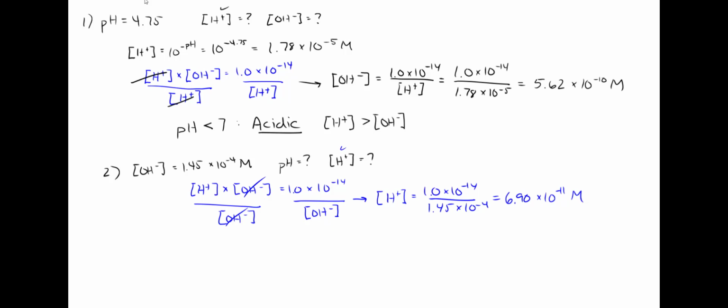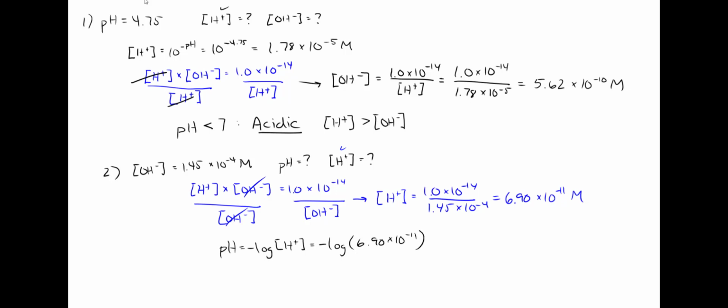Go back to black here. And so here we just use the definition. pH equals negative log of the proton concentration. So that's just negative log of the answer that we have here, 6.90 times 10 to the minus 11.